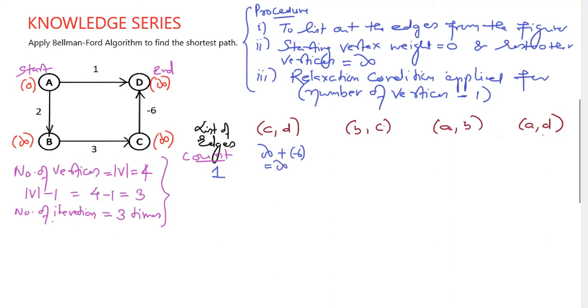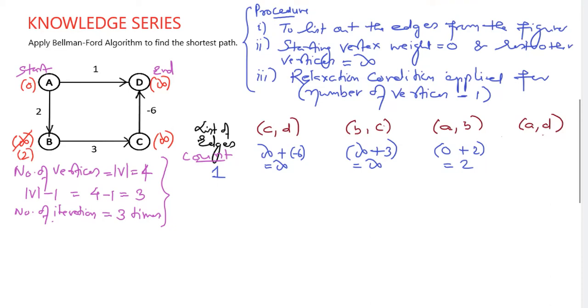Between BC, B is infinite and the link is 3, so infinite plus 3, which is infinite at C. Then AB: its weight is 0 plus link cost 2, that is equal to 2. Since it has come to 2, we can do the relaxation and modify this to 2.